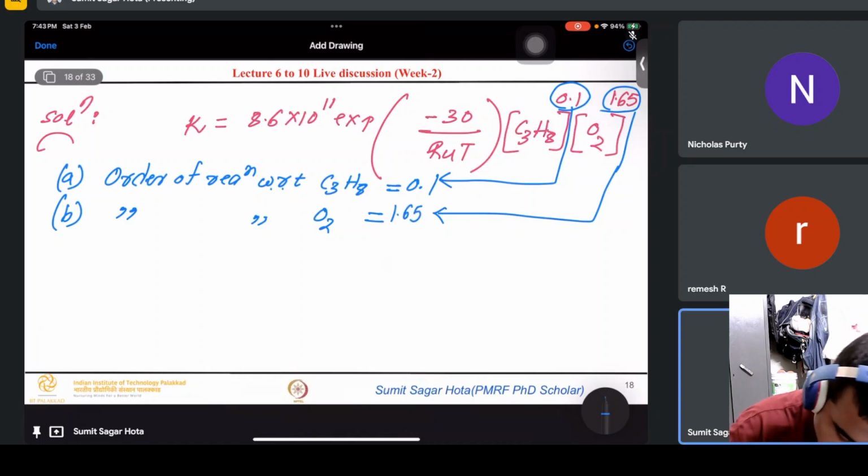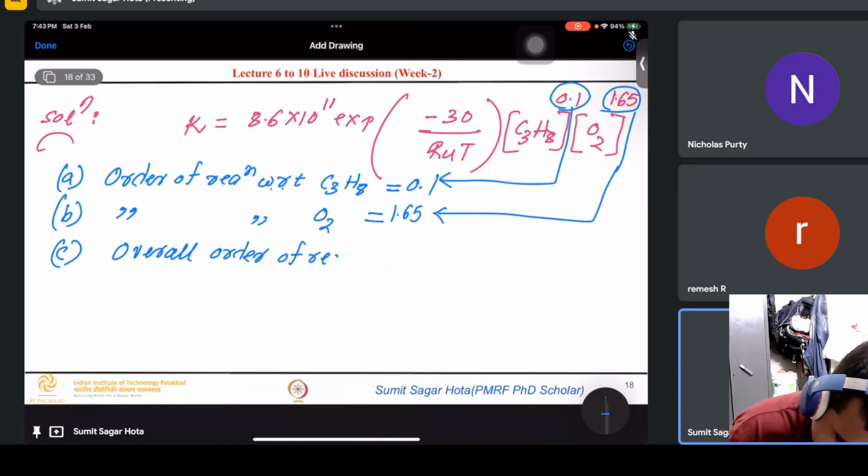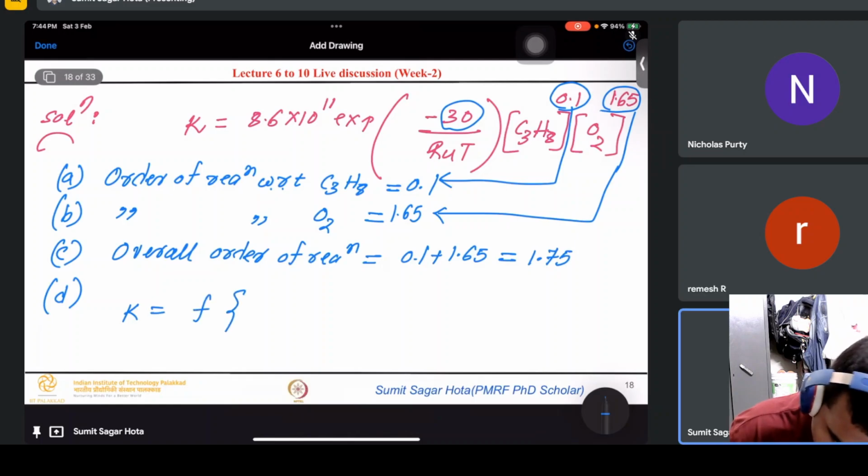Okay, so over add it. Okay, activation energy is obviously always written as Ea by RT, whatever the reaction it is.